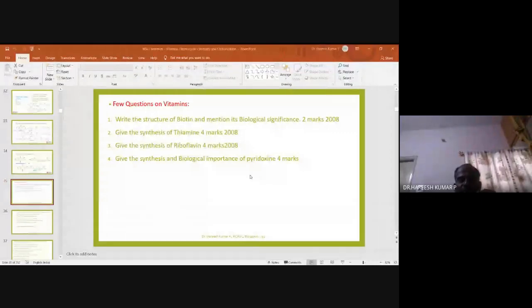With respect to the biological importance, you can write it in terms of words. But for the synthesis, you can practice both in words and as a scheme. If you find difficulty in writing the scheme, at least you can write the words.